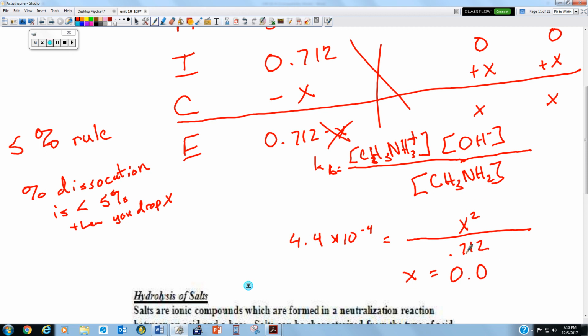So 0.712 times 4.4 times 10 to the negative 4. All right, so I've got 0.0176999.